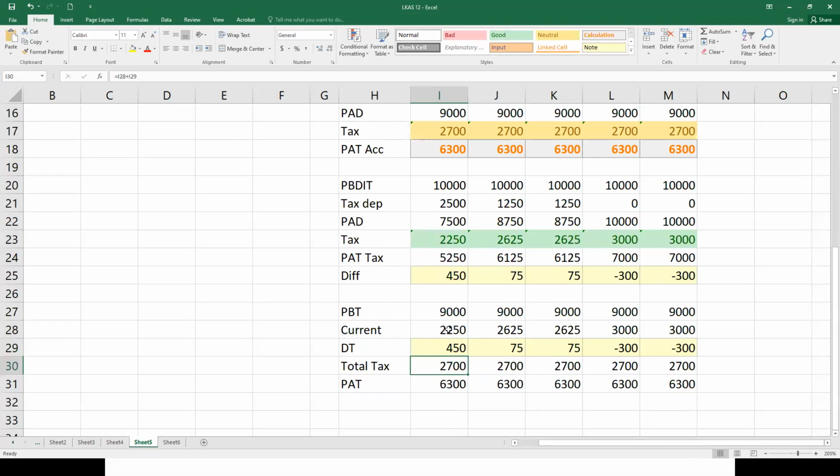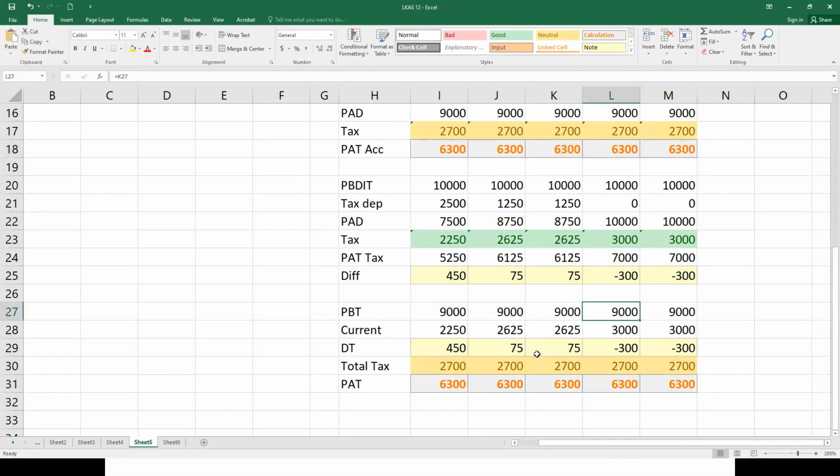Total tax equals current tax plus deferred tax. This total tax should be equal to the accounting estimated tax in all the years. And the profit after tax of 6,300 should be equal to this value.